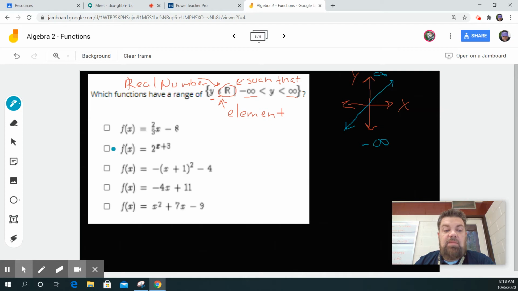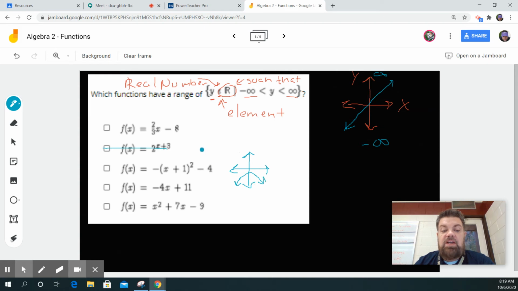Now, we can eliminate the exponential function because exponential functions have a boundary. And the same with a quadratic. Quadratics, anything raised to the second power, when you graph a quadratic, that's a negative, so it'll do something like this, right? Quadratics will graph down.